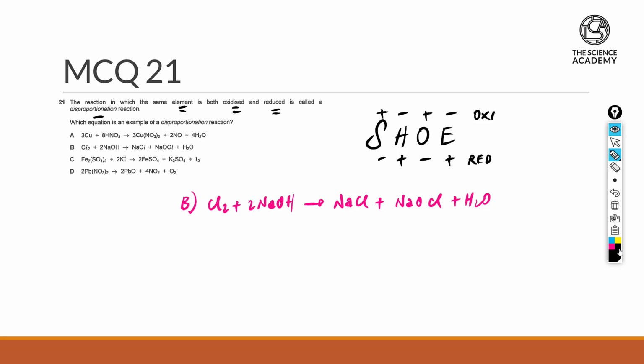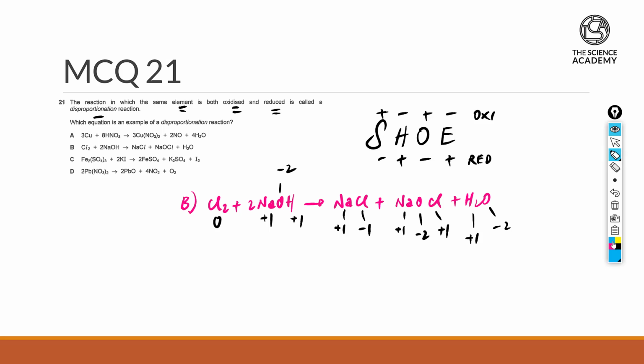Write out the oxidation states. Chlorine is an element, 0, sodium is +1, hydrogen +1, and oxygen is -2. Sodium chloride: +1 for sodium, chlorine -1. In NaOCl, Na +1, oxygen -2, chlorine here would have to be +1, and in water, oxygen is -2 and hydrogen is +1 each.